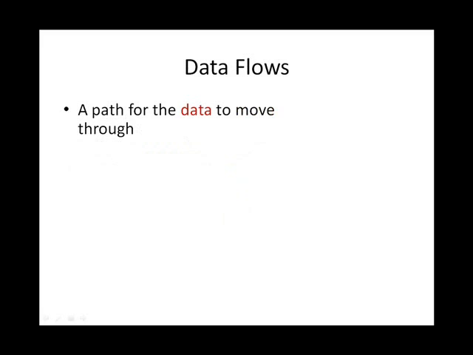Processes don't mean anything without data flows. In fact, that's why the diagram itself is called a data flow diagram. The data flow, which is the arrow, is a path for the data to move through your system. So if I have a process find student, then I need to ask myself, what is the input that I need to perform this activity? Again, I don't care how it's performed.